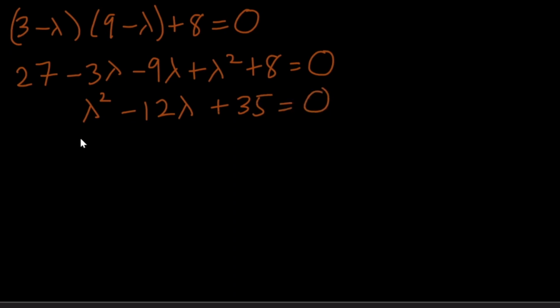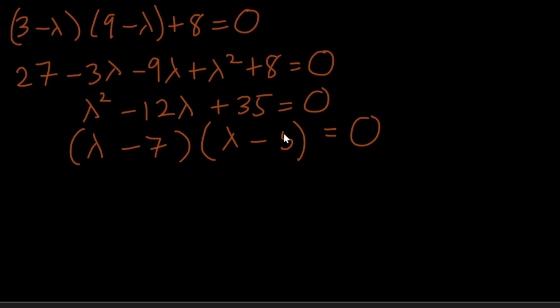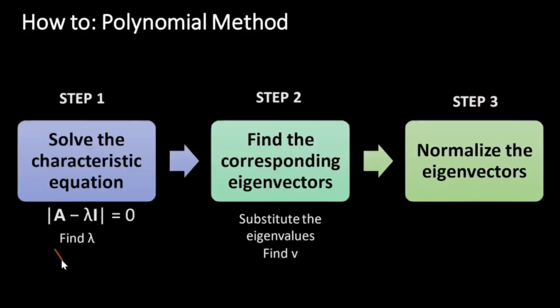And to find lambda, we need to factorize this. You could use the equation function in your calculator, and we would get lambda minus 7, lambda minus 5. And this gives us lambda as 7 and lambda as 5. So that's the first step. We have lambda equals 7 and 5.